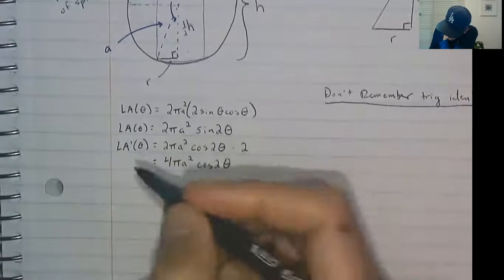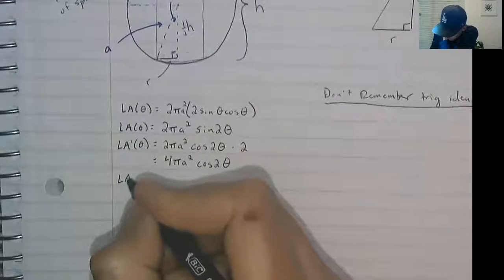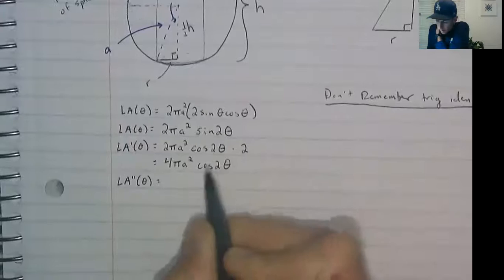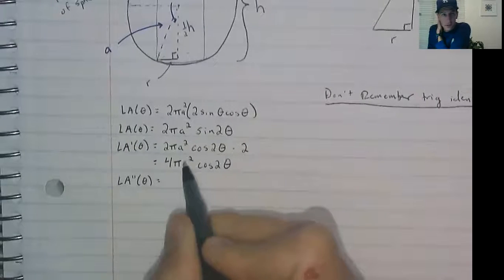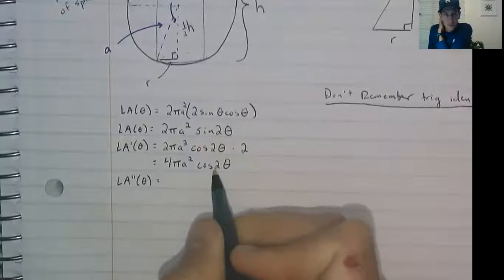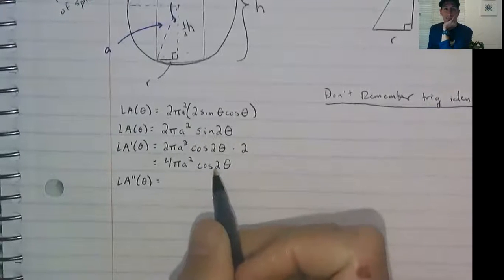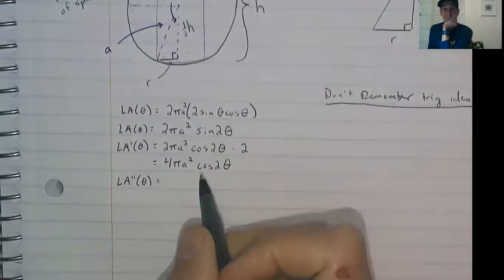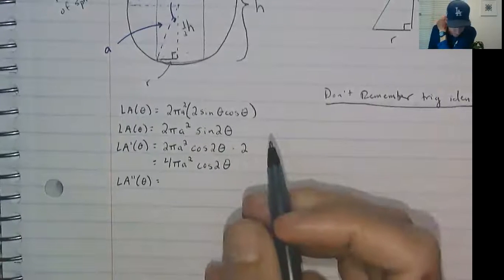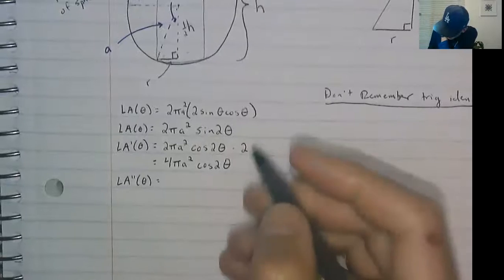And then we would actually do this again to find the second derivative. Again, seeing nothing here that has anything to do with theta. So just focusing here, the derivative of cosine of 2 theta is going to be the opposite of the sine of 2 theta. But again, the chain rule is going to come into play here, and so this 2 will come out.